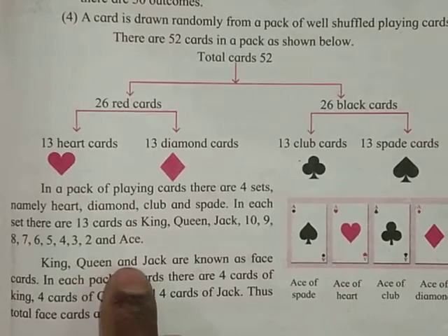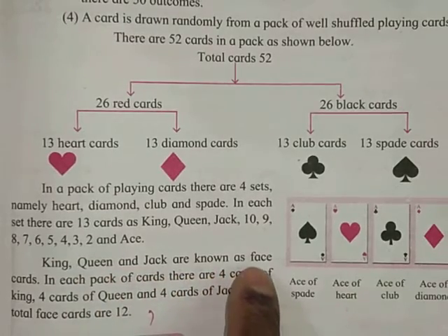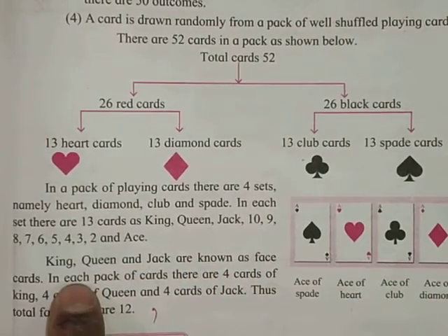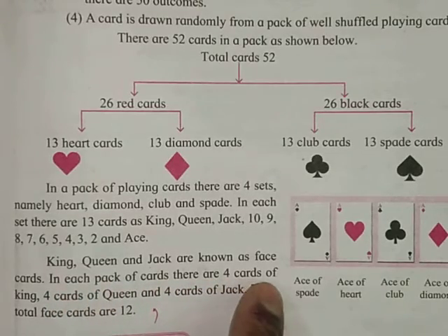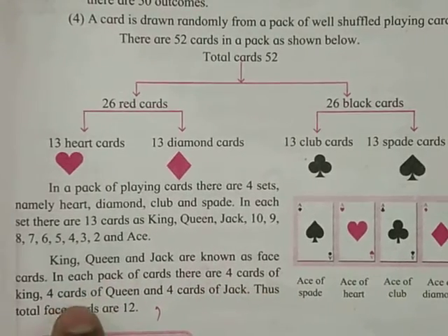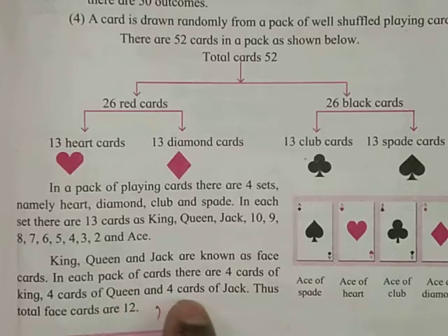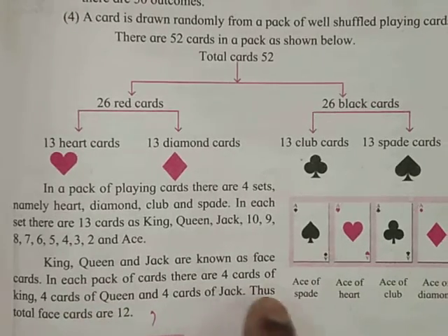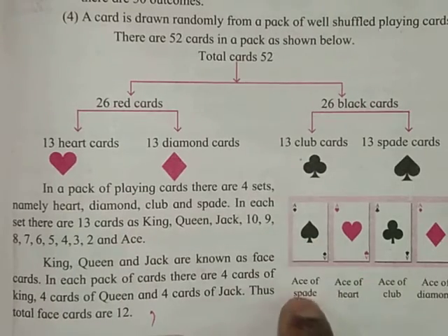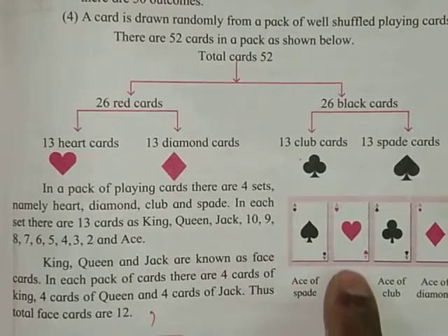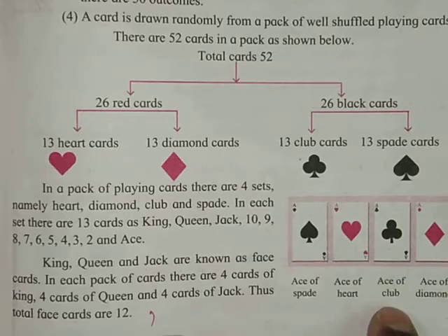King, queen and jack are known as face cards. In each pack there are 4 kings, 4 queens and 4 jacks, so the total face cards are 12. Here are the ace of spade, ace of heart, ace of club, ace of diamond.